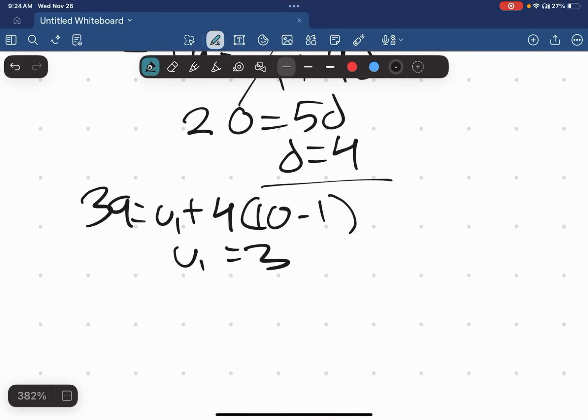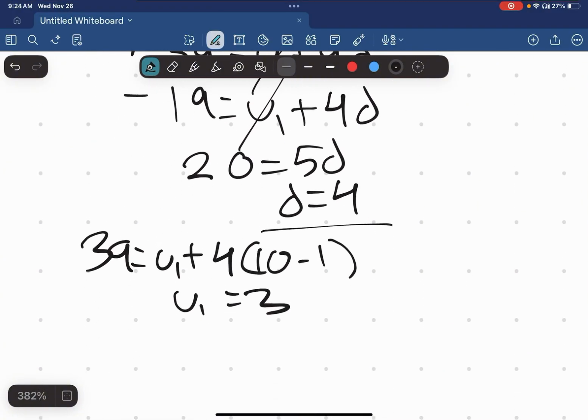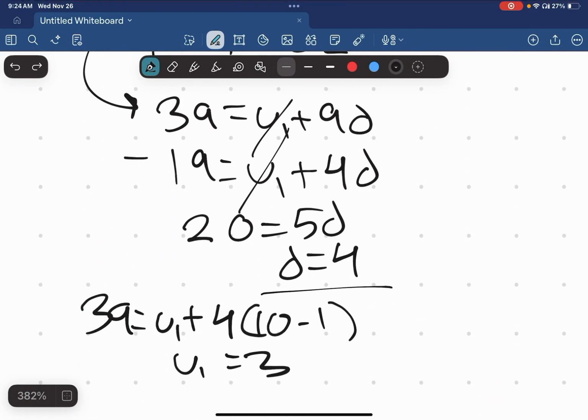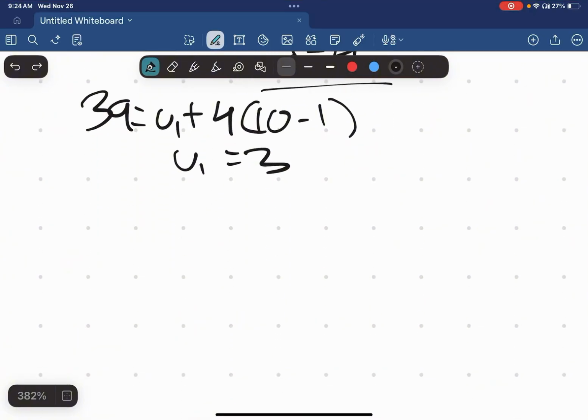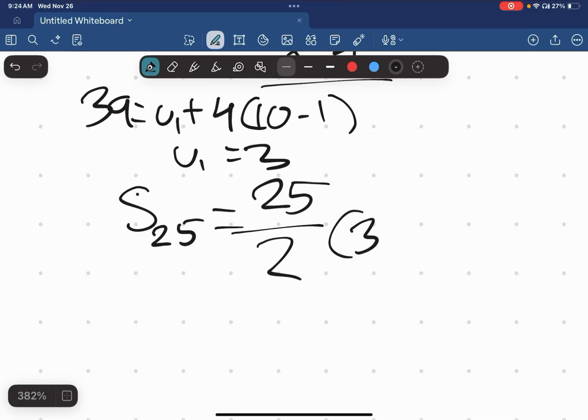Okay, but we're not done yet. We need to go and find the summation up to 20, it said. Let me check that. Yep, the first 25 terms. Okay, easy enough. So the summation is 25 divided by 2 times u1.